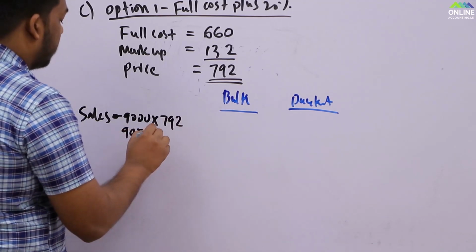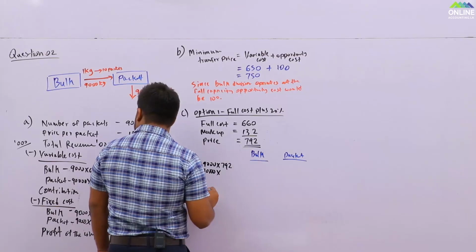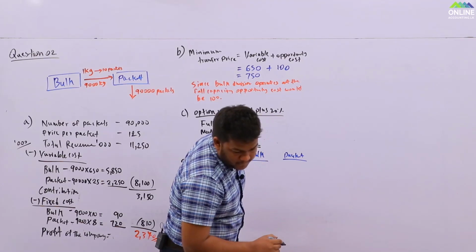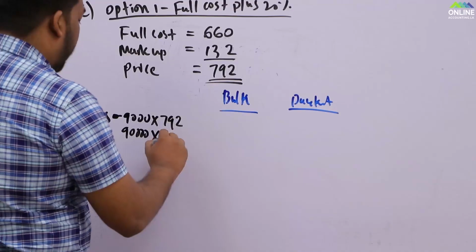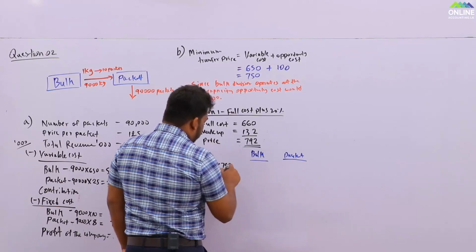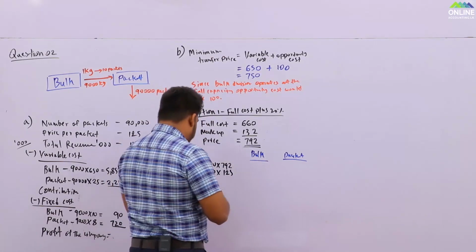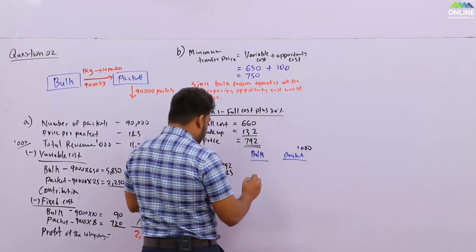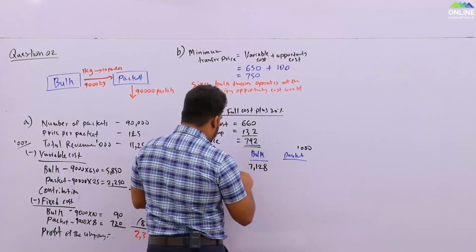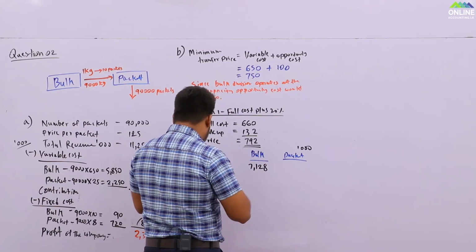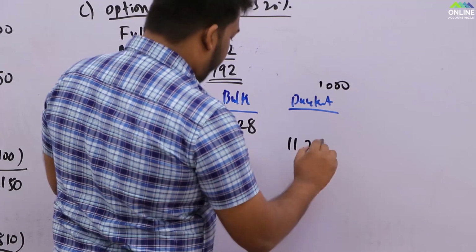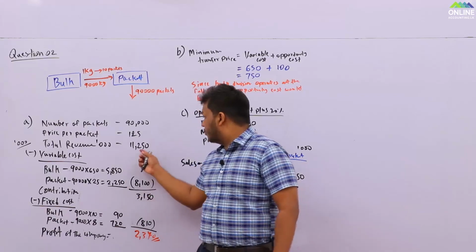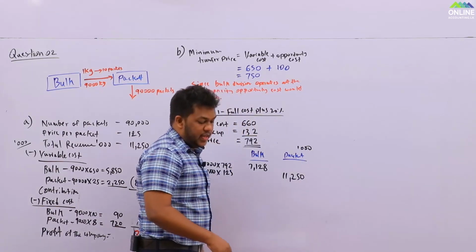For packet, 90,000 packs at 125. So 90,000 into 792 is, in thousands, 7128, and 90,000 into 125 is 11,250. That will not be changed. Here also same.